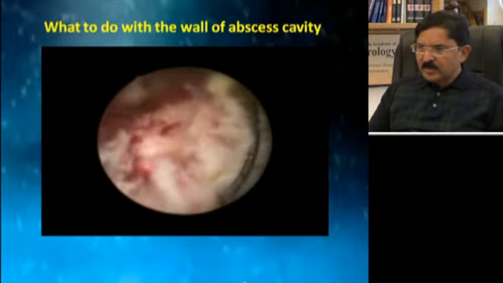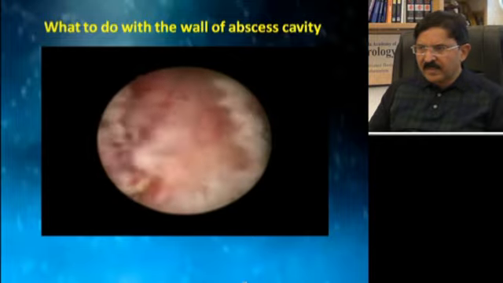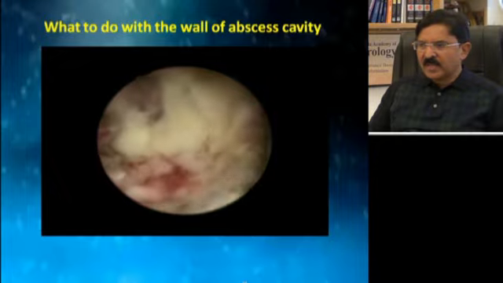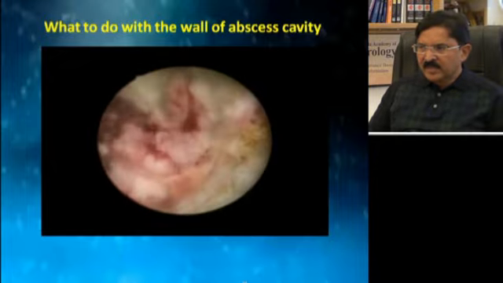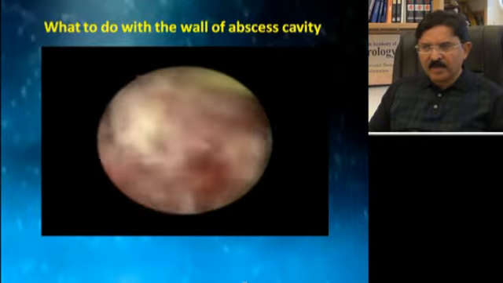So, remove the granulation tissue also from the wall of the cavity, and as you move the loop, you will see a few droplets of pus coming out. If that is the case, small gentle resection is done, and then you notice more micro abscesses are coming out.